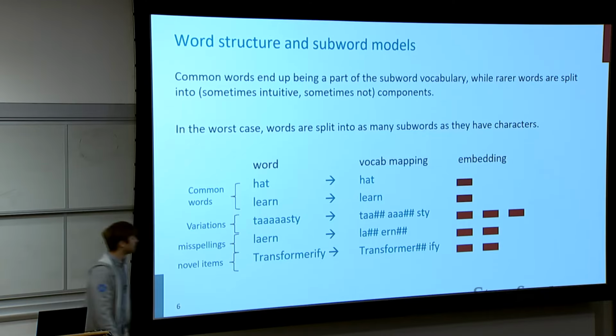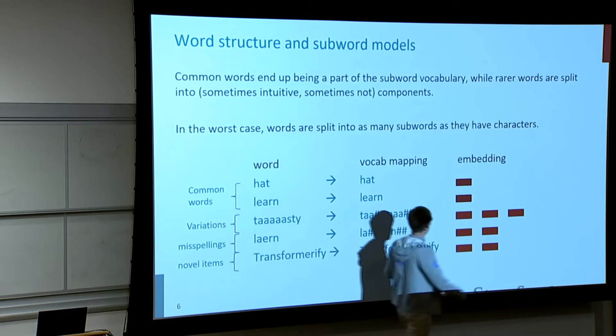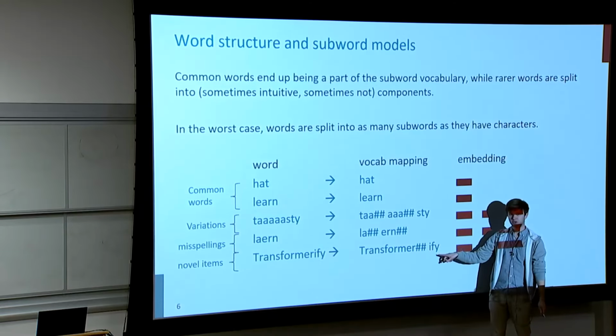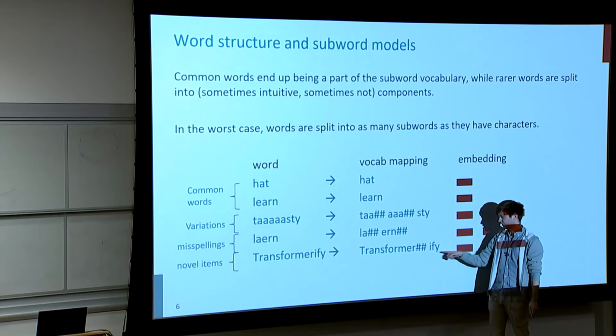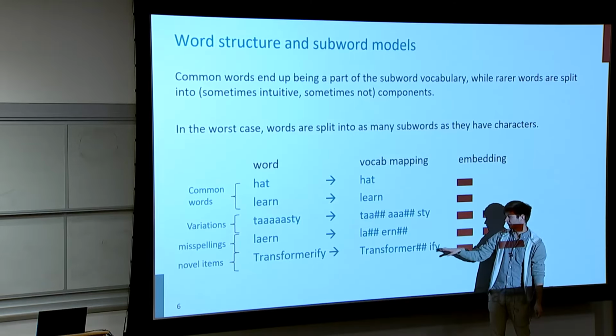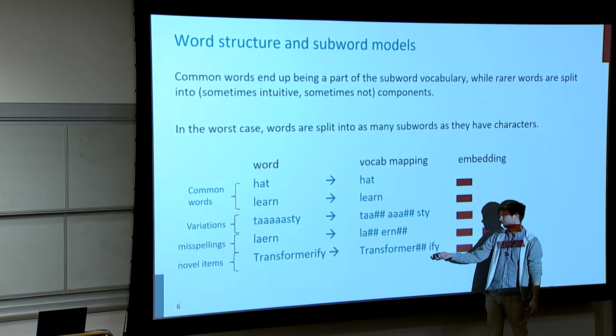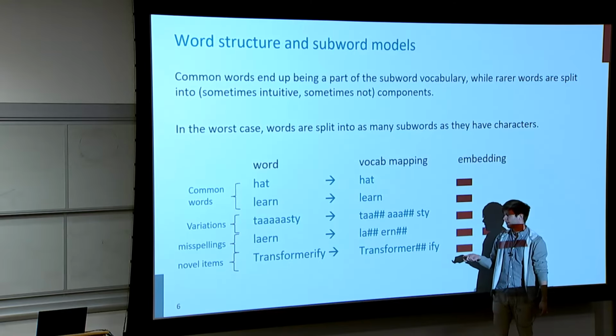Yeah, so the question is, if transformer is a subword in my vocabulary, and if is a subword, and y is a subword, and if I, as a three-letter tuple, is also a subword, how does it choose to take the if I, maybe it's not very common, as opposed to splitting it into more subwords?